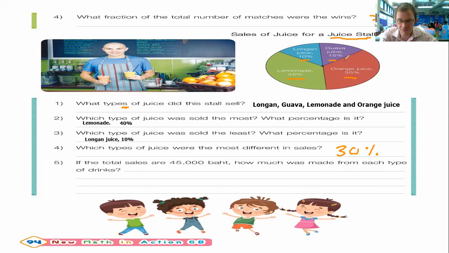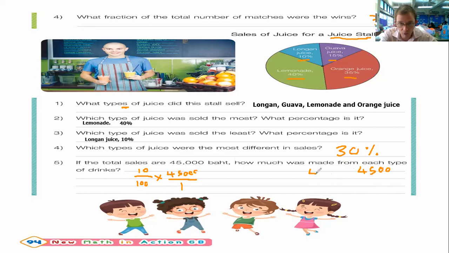You can say 35 plus 15 is 50, plus 40 is 90, plus 10 is 100. So for longan juice we go 10 over 100, multiplied by 45,000 to get the amount for longan juice. So for the first one, it is 4,500 baht.